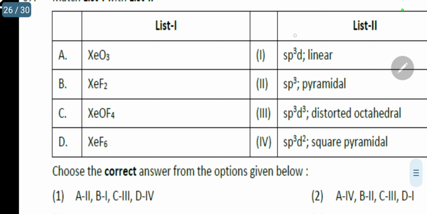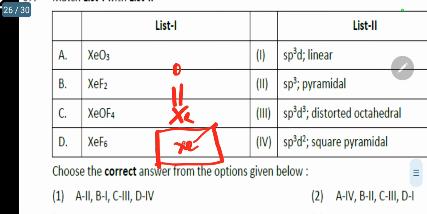The Xe will be here, 4 fluorines here, then the pyramidal, let me show. Xe, F, this is the shape, O. So sp3d2 square pyramidal.